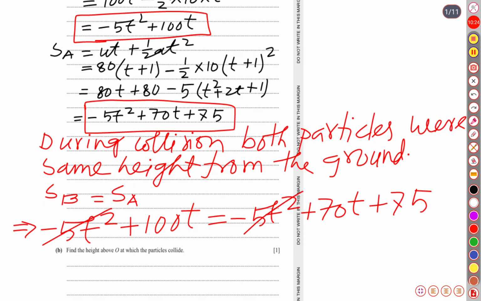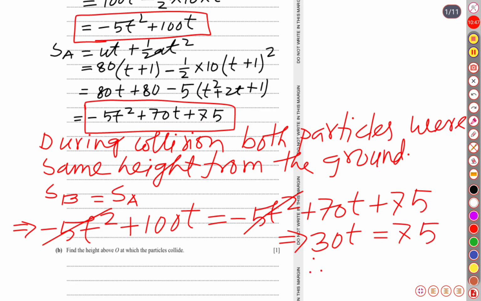They are of same symbol. Then 100t minus 70t means 30t. 30t is equal to 75. Right side is having nothing but 75.